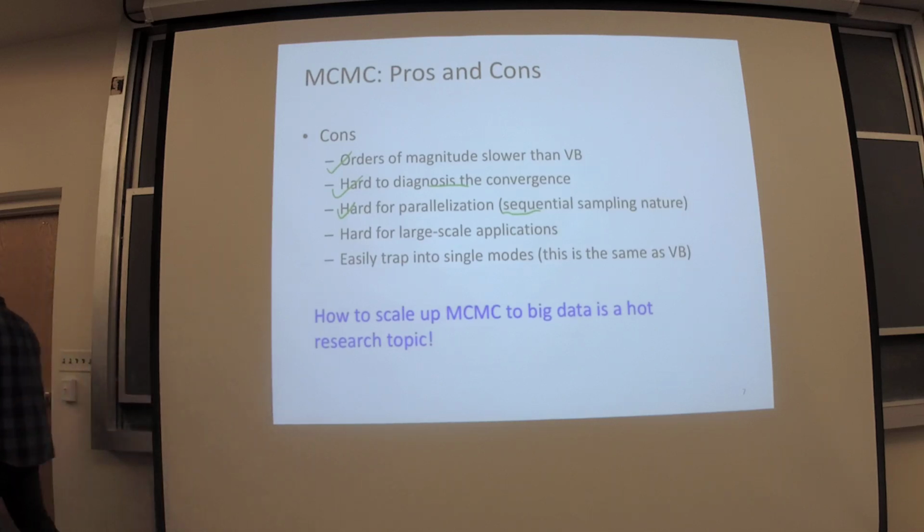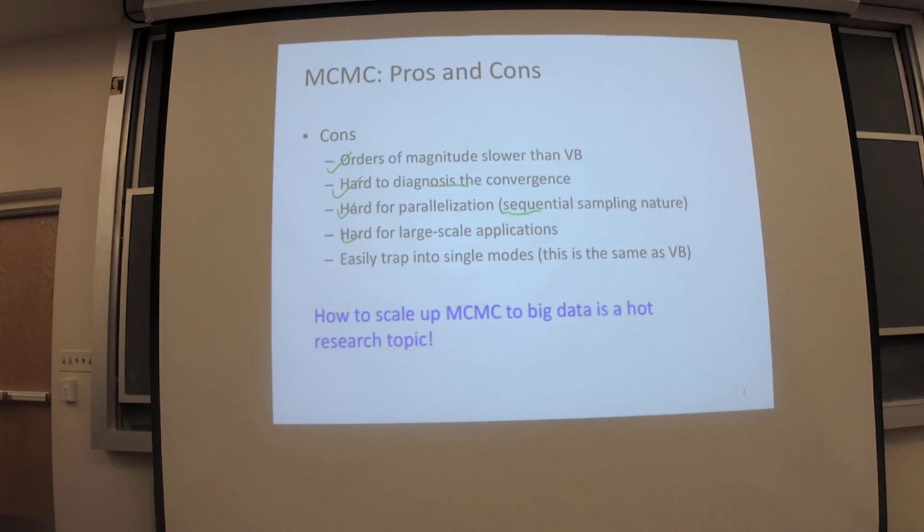But Markov chain Monte Carlo sampling is essentially sequential sampling, meaning that the new sample is generated based on previous samples. This is one by one, and the current sample depends on previous samples. So in general, it's hard to parallelize. Therefore, it's hard for large-scale applications.